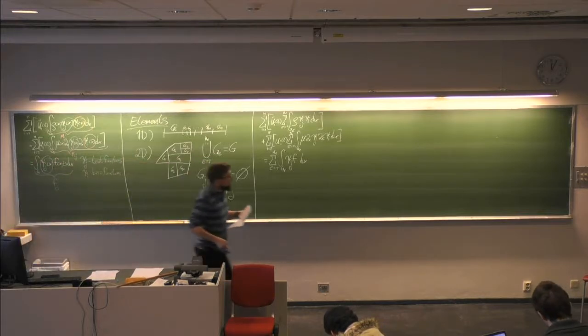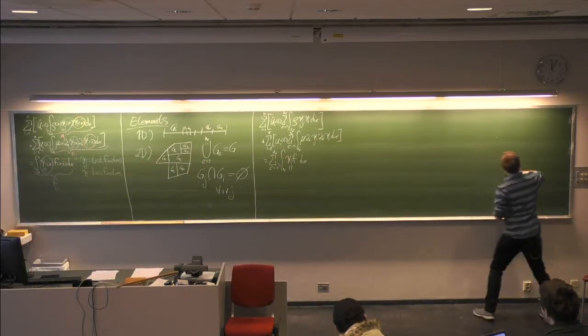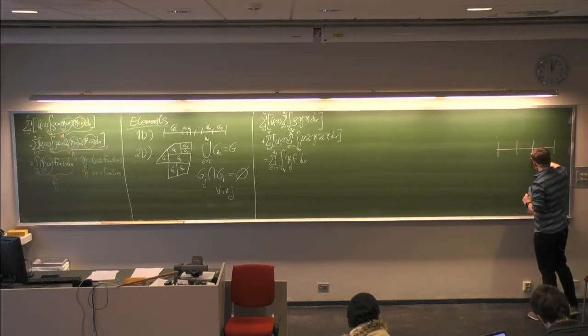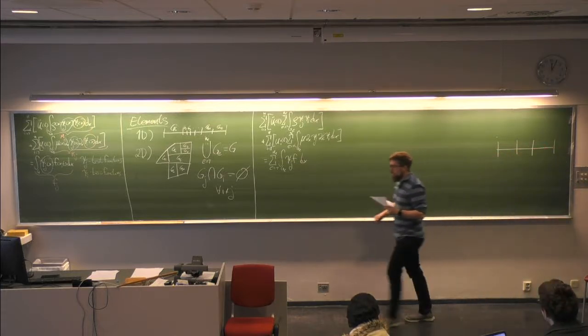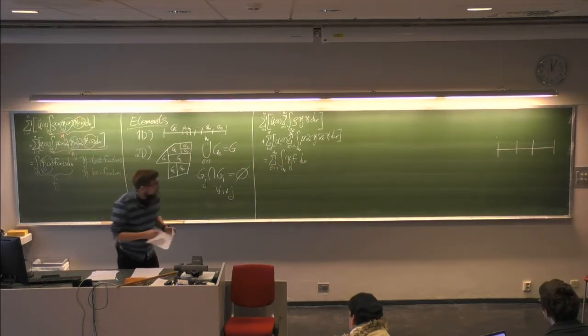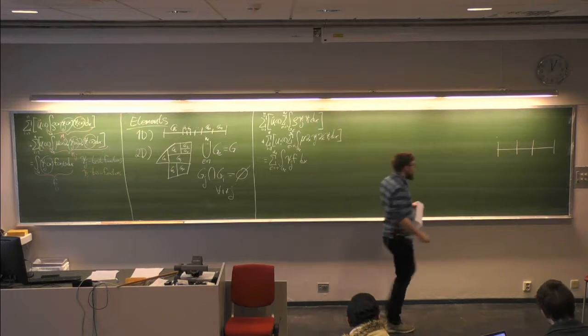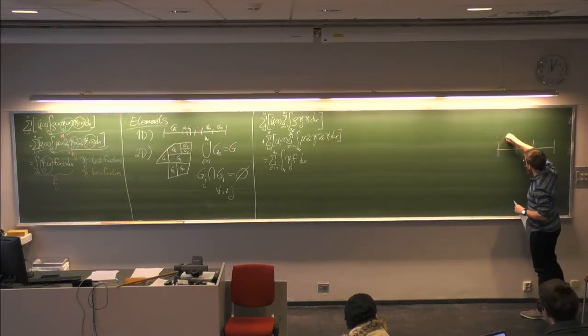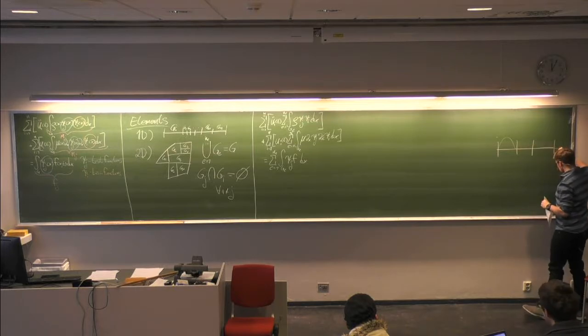Okay, so to illustrate the idea here, say that you have only, let's say, 3 intervals, like this. So you want one basis function that has support on only the first one, and it's 0 on the rest.